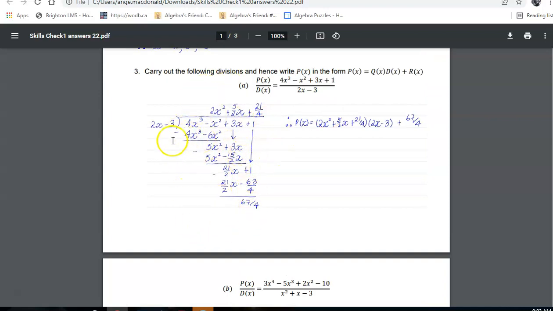Some of you used synthetic division here, and then you would have ended up with the 4x and the 5x plus 21, but when you multiply those together, you would have had 4 times 2, which is then 8x, and that's 8x cubed, which is not what your polynomial should be. So you do need to make sure that you double check when you're timesing through.